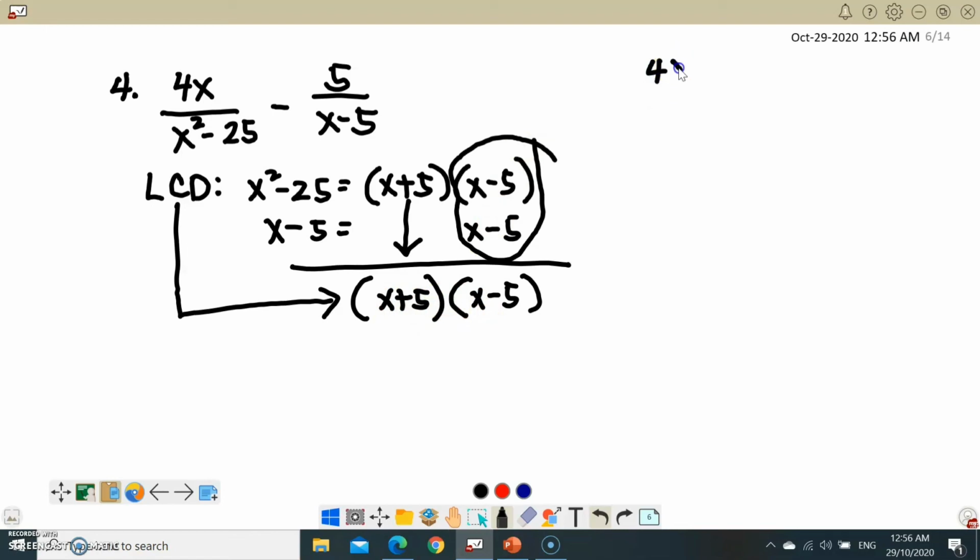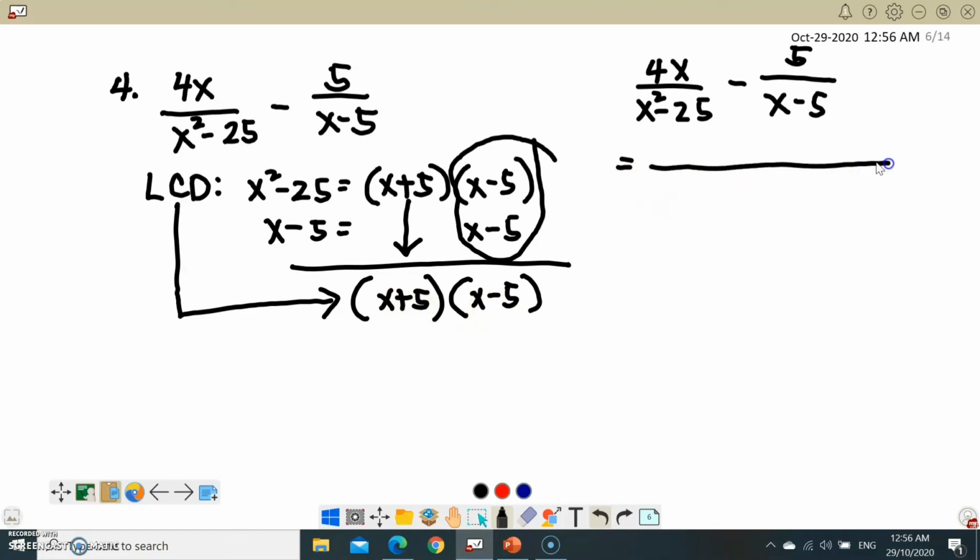So copying the given, 4x over x squared minus 25 minus 5 over x minus 5. I'll be using x plus 5 multiplied by x minus 5 as the common denominator. So x squared minus 25 divided by x plus 5 multiplied by x minus 5 is equal to 1 times 4x is equal to 4x.